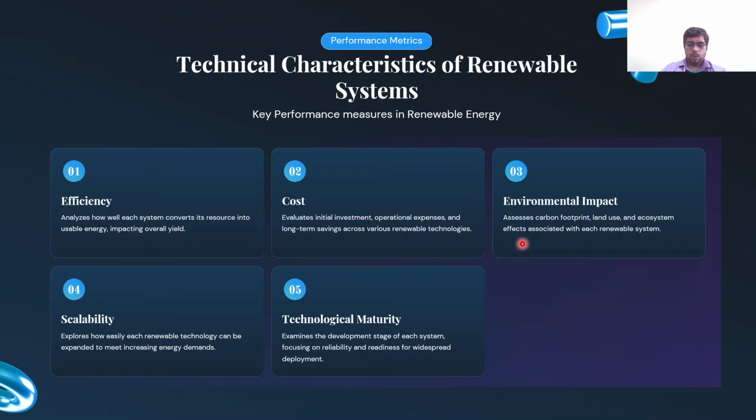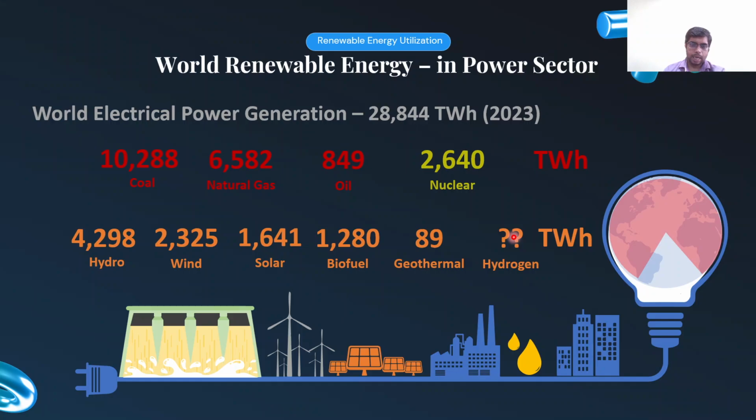Right. So now, if you look at the contribution of renewable energy resources for electricity generation in 2023 worldwide, it is about 25% or a little more than 25%, but the majority is coming from non-renewable energy resources.